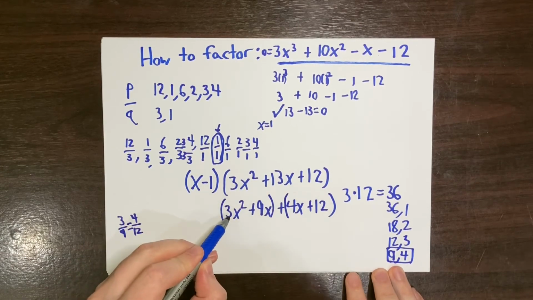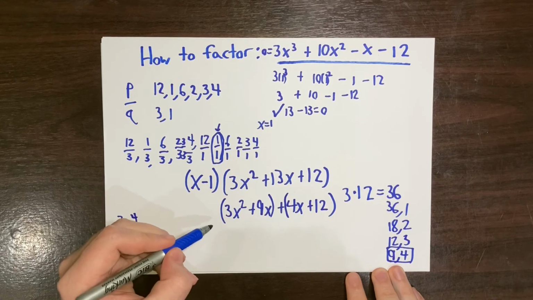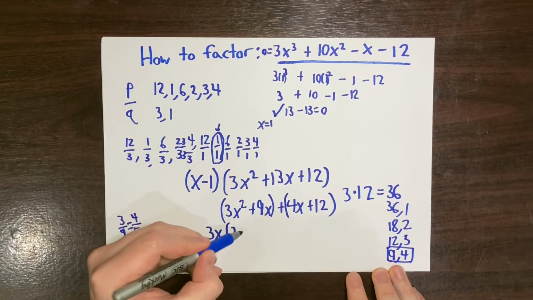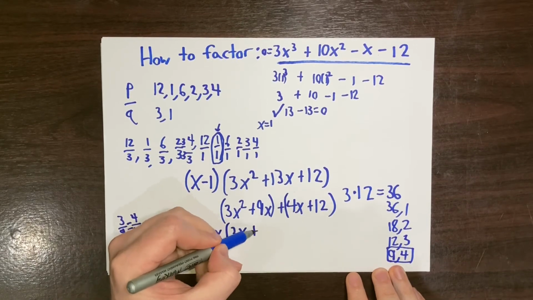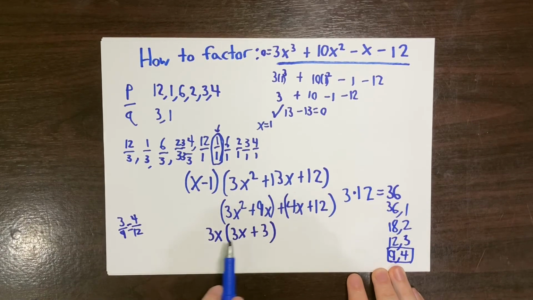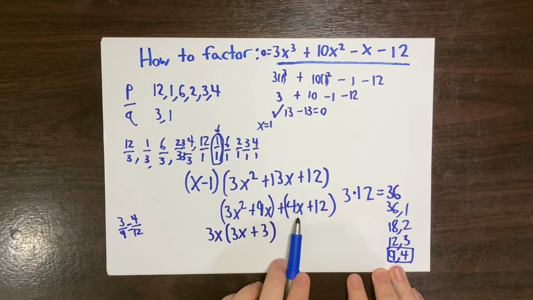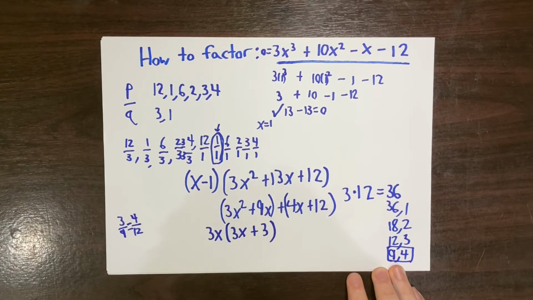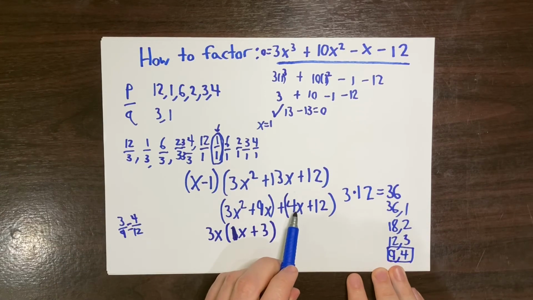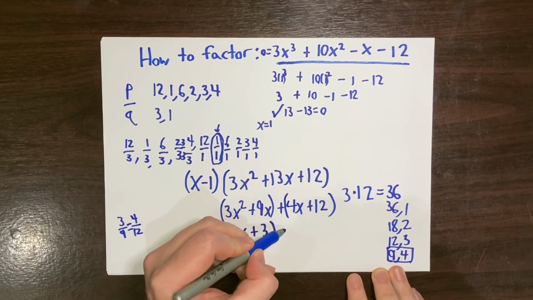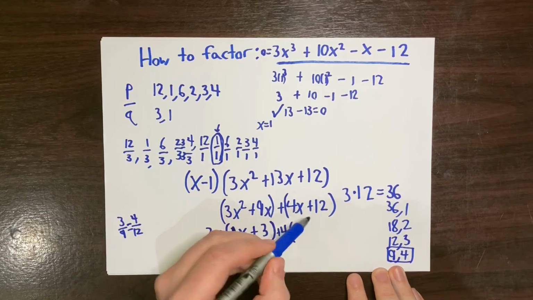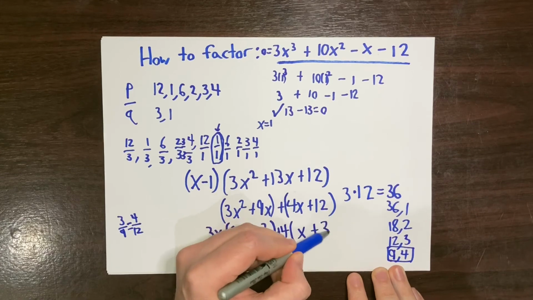The biggest factor that comes out of 3x squared plus 9x is going to definitely be 3x, leaving behind x plus 3. And the biggest factor that can come out of 4x plus 12 is going to be 4, so plus 4 times x plus 3.